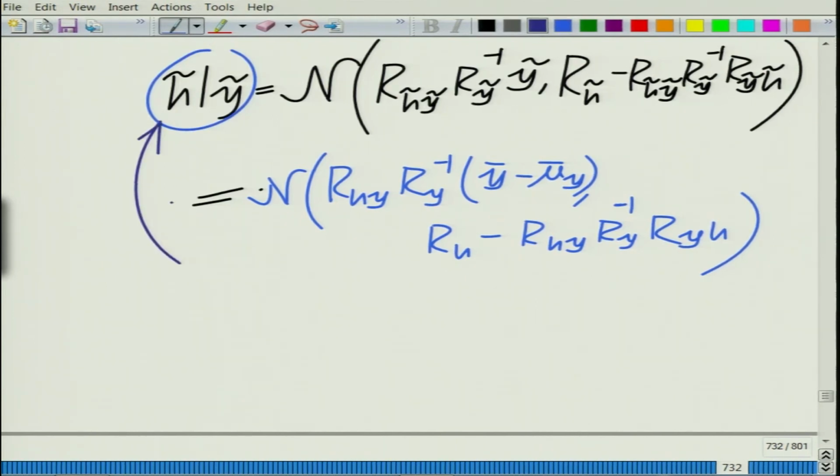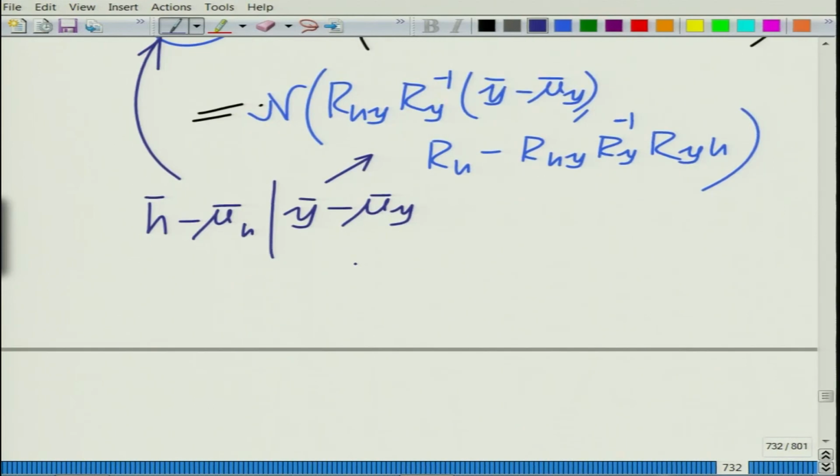This is h tilde given y tilde, but remember what is h tilde? H tilde is simply your h bar minus mu bar h conditioned on y bar minus mu bar y. This has this PDF. So, to get the PDF of h bar given y bar minus mu bar y, that is the same as the PDF of h bar given simply y bar, because y bar and y bar minus mu bar y simply differ by the shift.